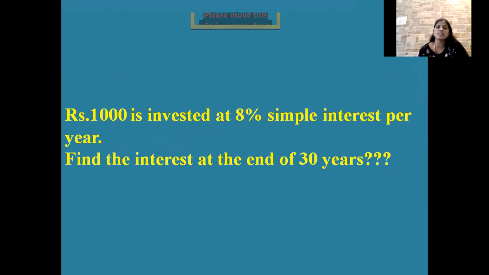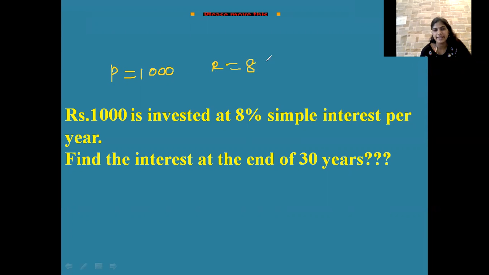Rupees 1,000 is invested at 8% simple interest per year. Find the interest at the end of 30 years. Here P is 1,000 and R is 8. We're going to find the interest at the end of 30 years.